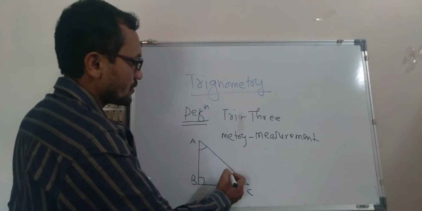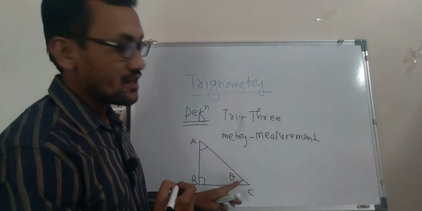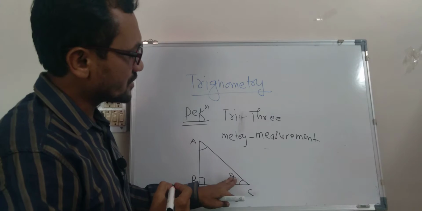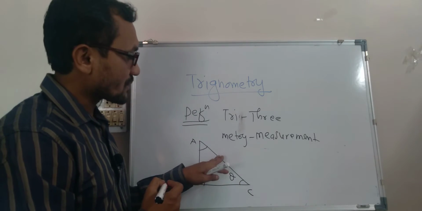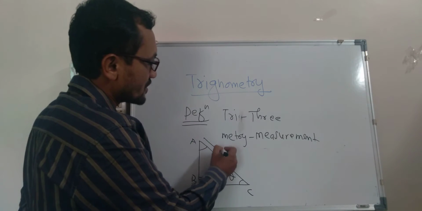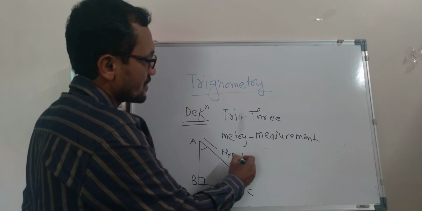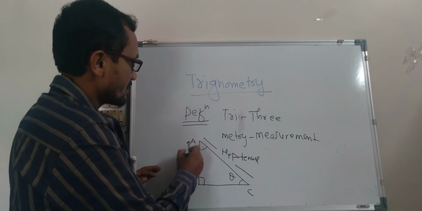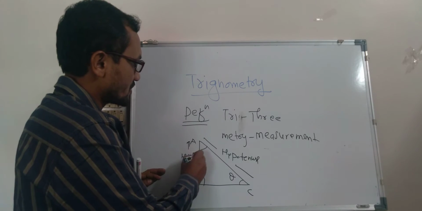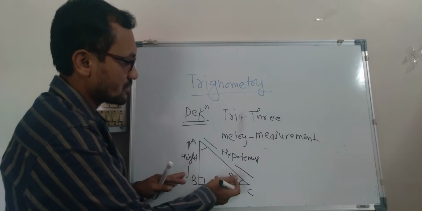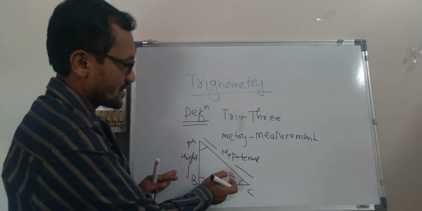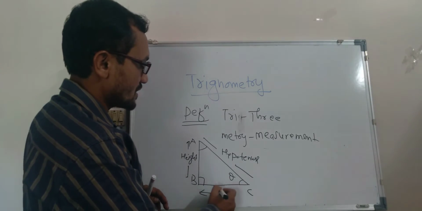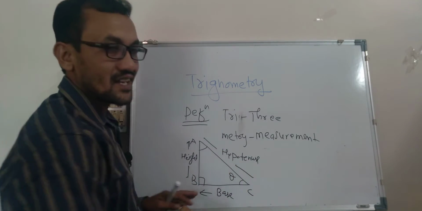Whenever we have an inclination angle theta, we find a relationship of this theta with the hypotenuse, which is the longest side of this right angle triangle. The height, or opposite side of this angle theta, and the base, which is the adjacent side of this angle theta.